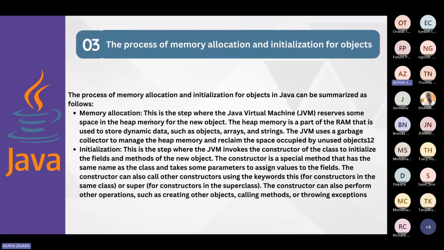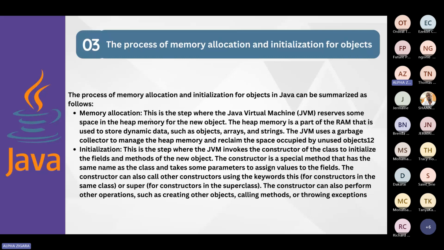So allow me to go back a little bit. When we want to code in Java, in our machines, we should have what we call the Java virtual machine. It comes in a bundle, a package called the Java development kit. That Java development kit contains this Java virtual machine. And this Java virtual machine reserves some memory in the heap memory for the new object.